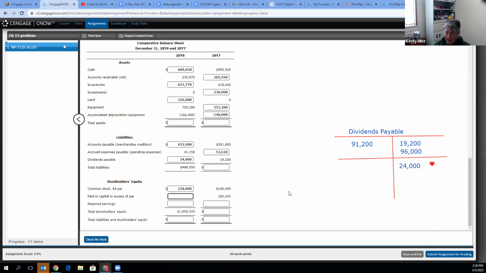So we need to add that 137,500 to the beginning $280,000 balance to find the ending balance. So again, what goes into the additional paid in capital account is the sale price over and above the par value, just like we learned in chapter 12.